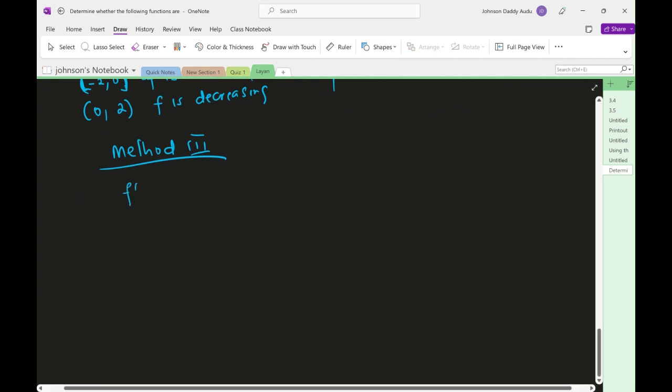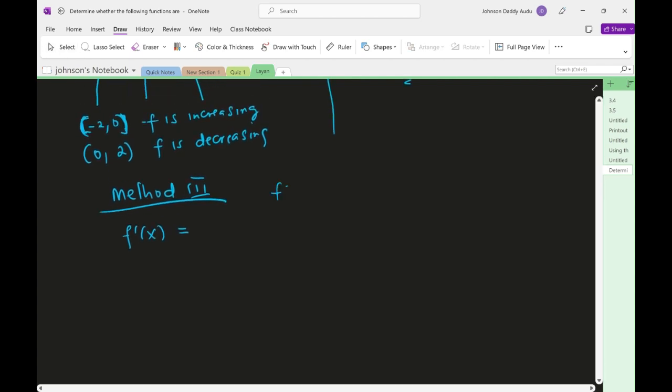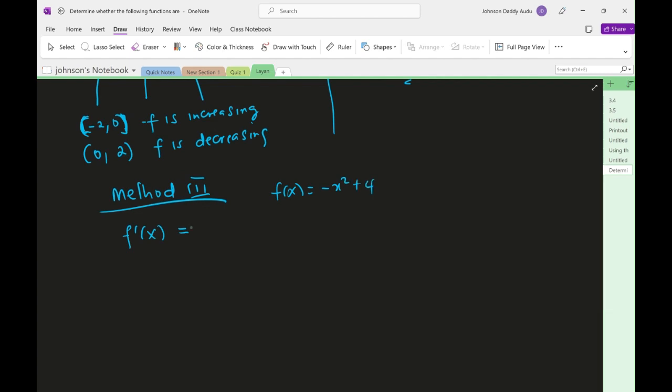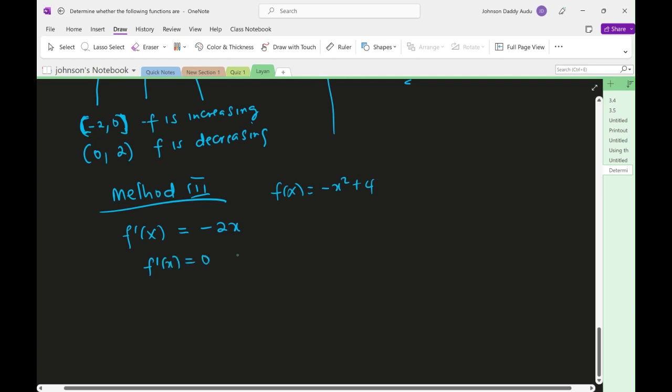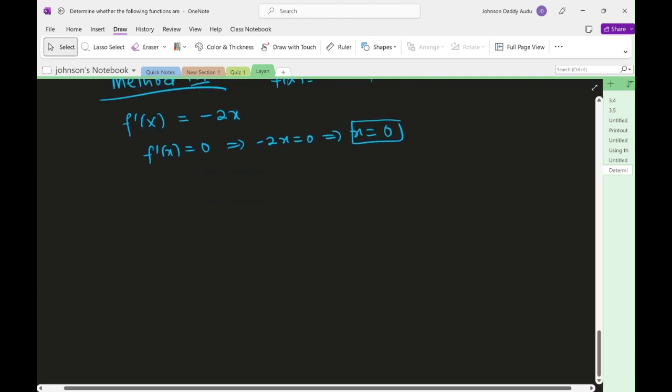So for the derivative, you differentiate the function. Remember, the function is -x² plus 4. So the derivative is going to be -2x only, right? So what is the critical point? The critical point is when this equals 0, which means -2x equals 0, and this implies x equals 0.